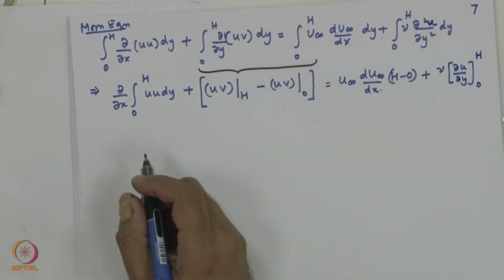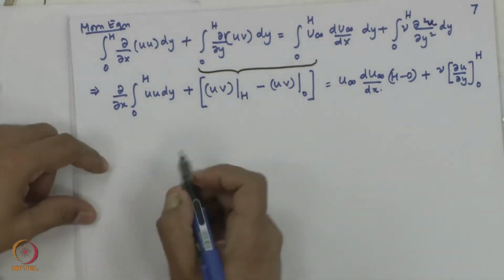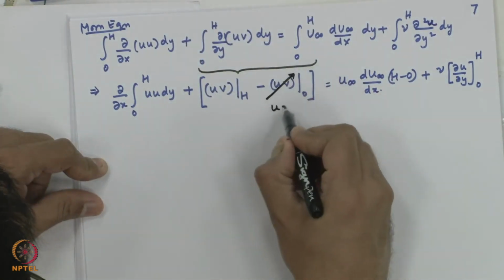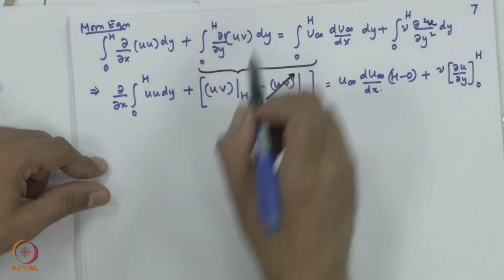Okay. So, this is going to be simplified as follows. This quantity u is 0 at the wall, no slip condition. So, this term goes to 0.